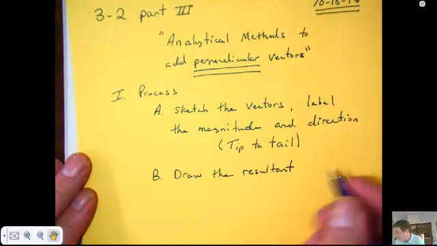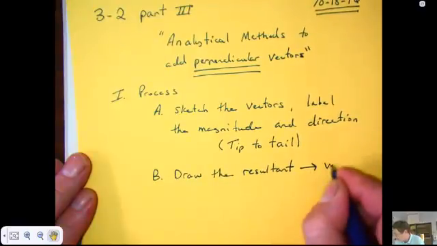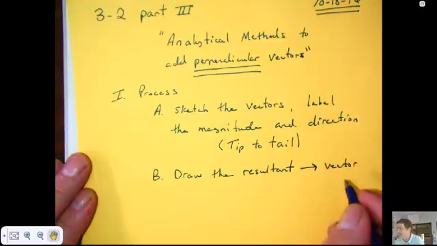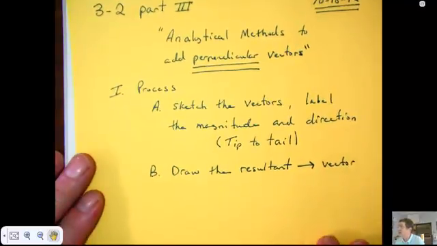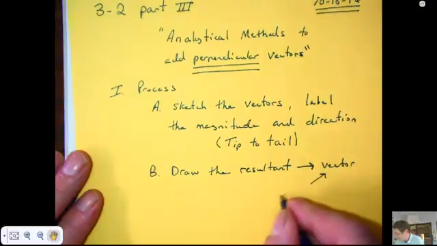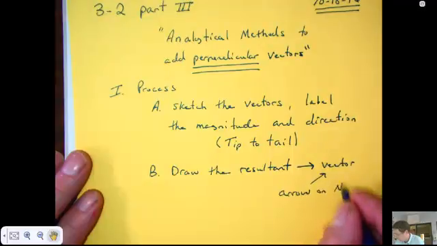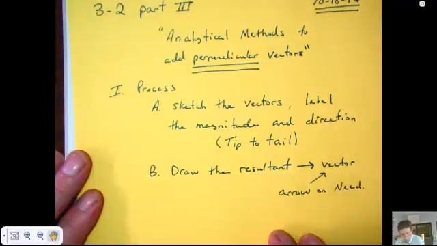Remember that the resultant is a vector, so it has a beginning and an end, and you should have an arrow on the end, so we know which direction it's pointing, which direction it's going.